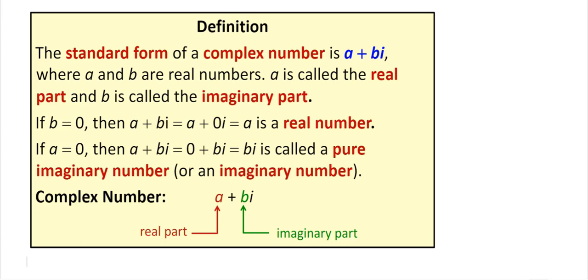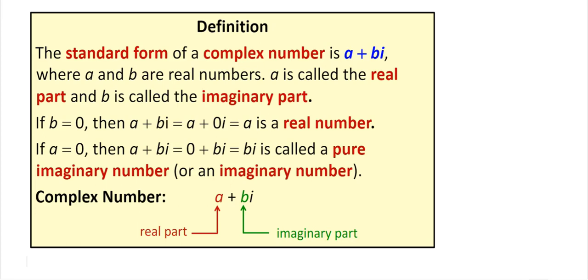We just learned what an imaginary number looks like. We know what real numbers are. Real numbers can be anything. If b equals 0, then a plus bi equals a plus 0i equals a, a real number. Continue on. If a equals 0, then a plus bi equals 0 plus bi equals bi. It's called a pure imaginary number, or just an imaginary number.